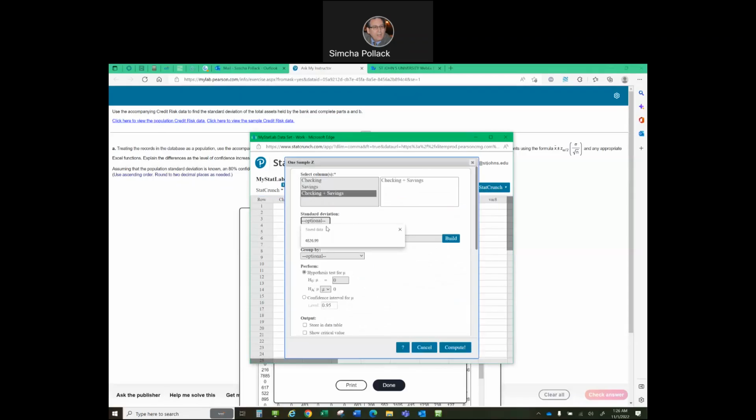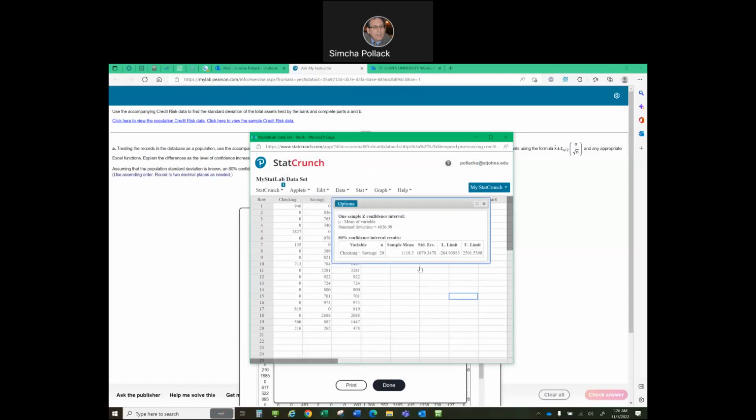We put in the standard deviation, which we said just now, Control V, 4826.99. We want confidence interval. We want 80%. And that's it, compute. And the answer will be minus 264.93, the lower part of the estimate.